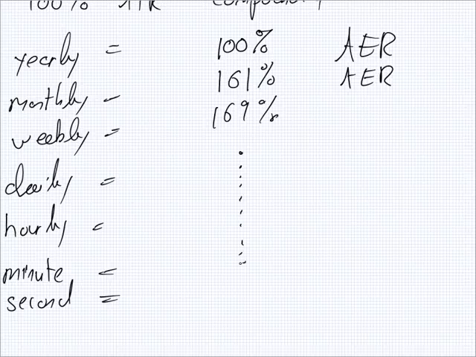Let me jump down to hourly. What do we get for hourly actually? 172%. Okay, and then minutely, 60 minutes in an hour. 172%, and so on.